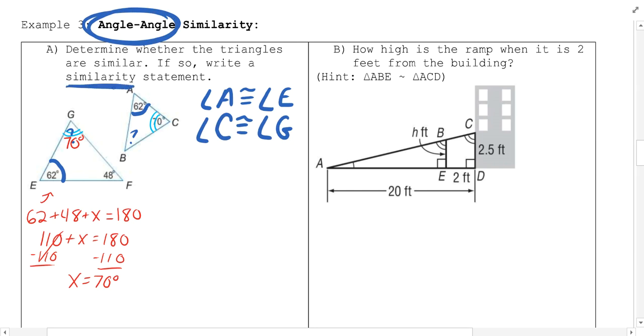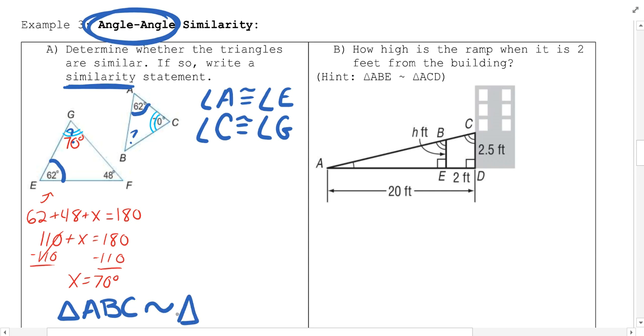So to write my similarity statement, I just need to make sure that my corresponding angles are in the same location as I write out my statement. So I would say that triangle, we'll say ABC first. So triangle ABC is similar. So notice I'm using that squiggle to represent similar.